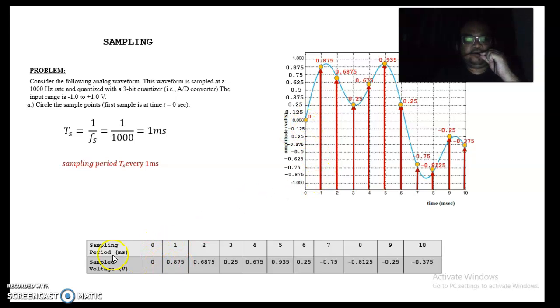Create a table for sampling period and sampling voltage. For time 1 millisecond, you have 0.875. And then for time 2, you have 0.6875, and so on. Just complete the table for you to easily see the sample points at a particular period.